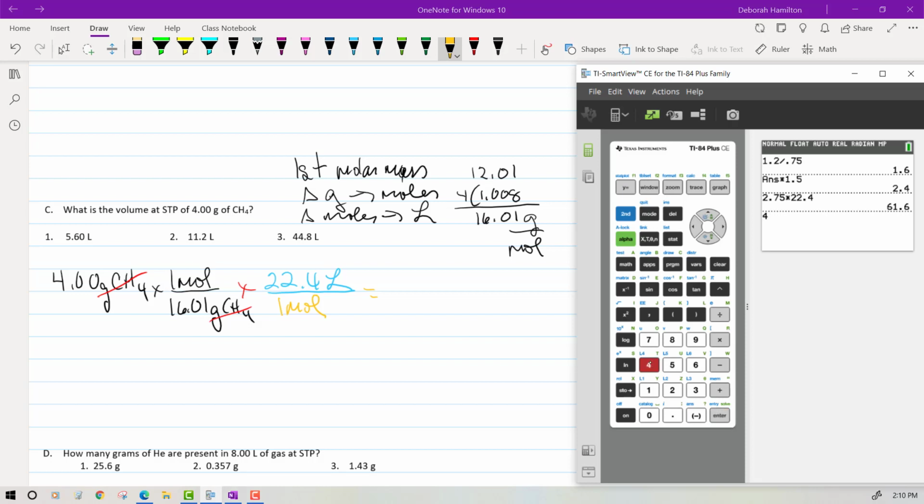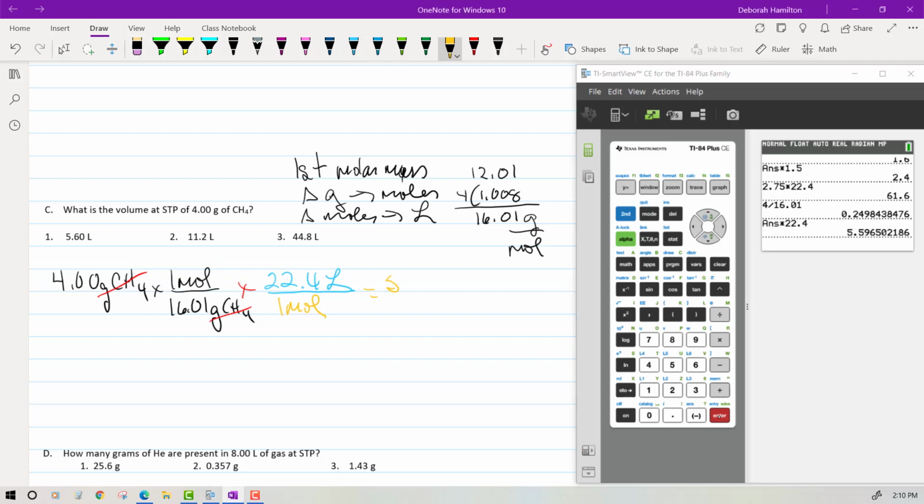So I have 4 divided by 16.01 times 22.4, and that gets me 5.596 liters. Do you see that up here? Yes, you see that as the first answer, 5.60, when we round to 3 significant digits.